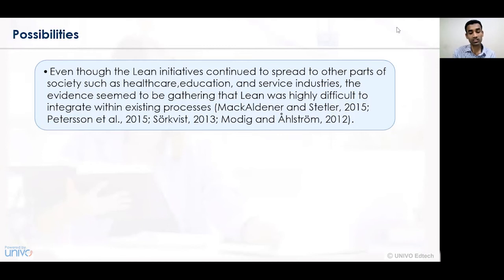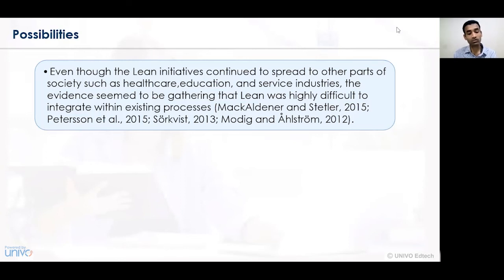A particular piece of research undertaken by Malk, Altner, Statler, Peterson, Sorquist, Motig, and Alstrom focuses on the applicability of lean in various sectors or departments of society. In a manufacturing unit, lean initiatives were being implemented, and in other areas, that is healthcare, education, service industries, and so on, at all levels, the concept of lean was being applied.